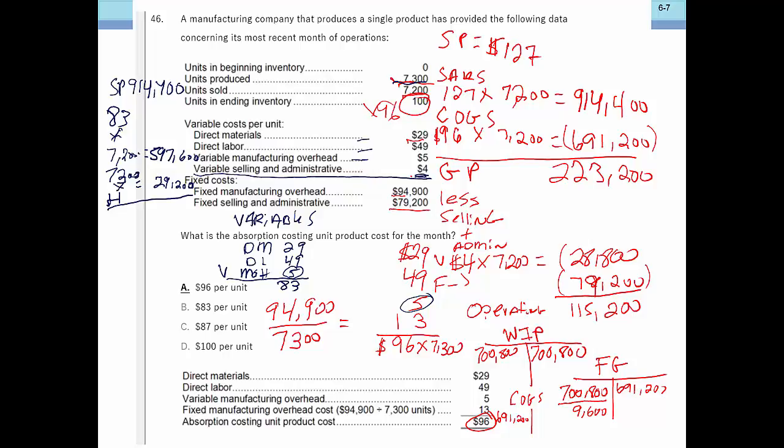That's how I got the 83. Then I multiplied that times 7,200, the units I produce for my product cost. Then I took the 7,300 units times 4, 29,200. We're in agreement on that number? Okay. So have I captured all my variable costs? Okay, good.